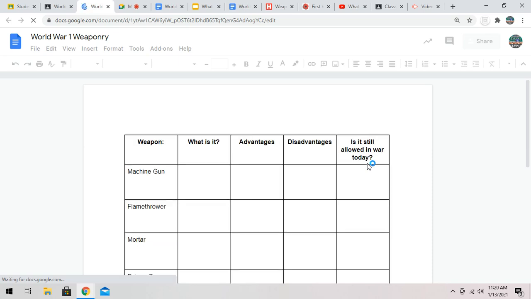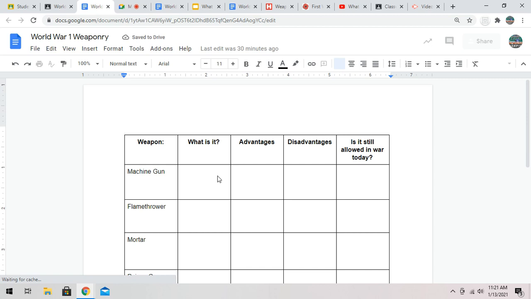But I do want you to make sure you know exactly what you're talking about before you write something down. We will go over this, so you'll have the ability to make some changes. But again, do a little bit of reading, even if it's just skimming over, making sure that you know what you're talking about. At least do that. So, what is it? Give me a description, okay?